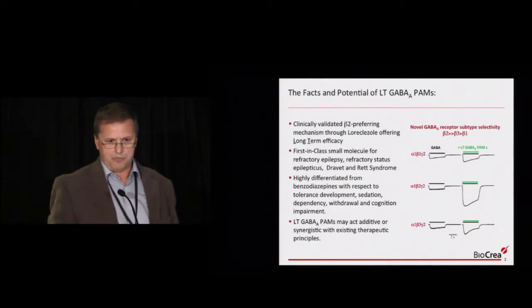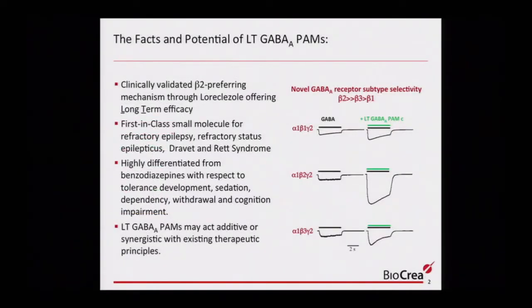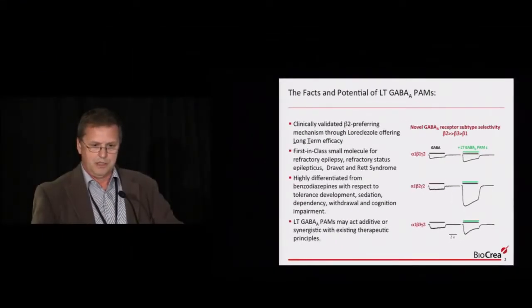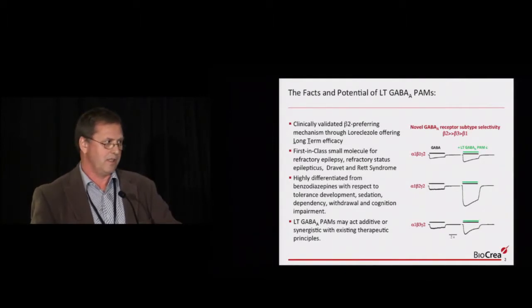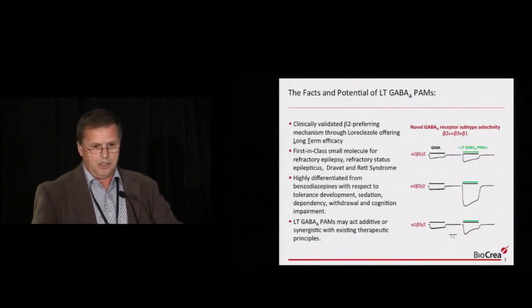What we would normally expect, given the requirement for the alpha and the beta subunit, is that these would be unselective PAMs for all types of GABA receptors. Surprisingly, that's not the case. The profiling of these compounds showed that for the beta subunit we see a certain selectivity, a preferred activation of beta-2 containing receptor subtypes, as shown here for the alpha-1 beta-2 gamma-2 version, a kind of discrimination of beta-1 containing receptor subtypes, and some activity on the beta-3 receptor subtypes.